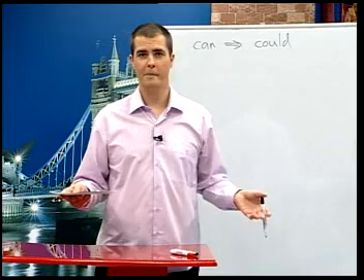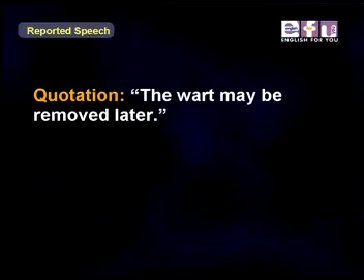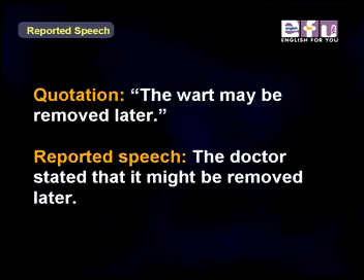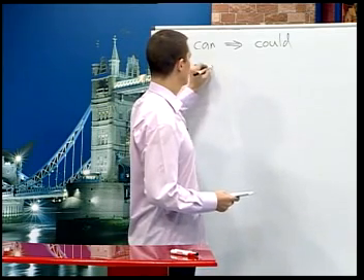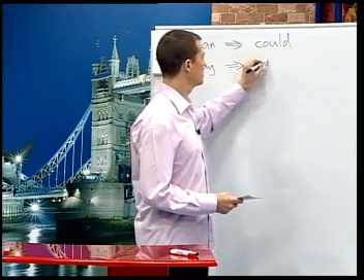In fact, all the time. Okay, quotation: "The wart may be removed later." Reported speech: "The doctor stated that it might be removed later." So, in reported speech, may becomes might.